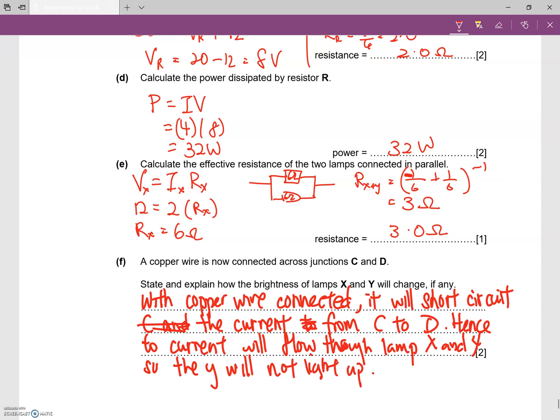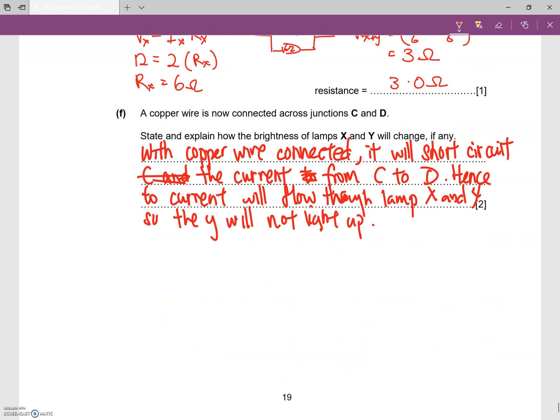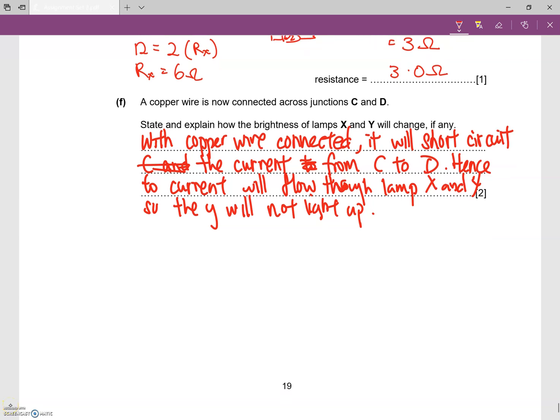Okay, they will not light up. So that's for part F. So this is the end for your assignment.